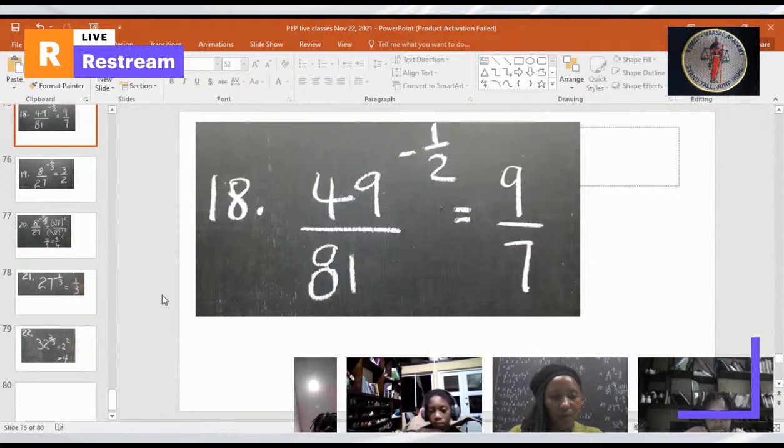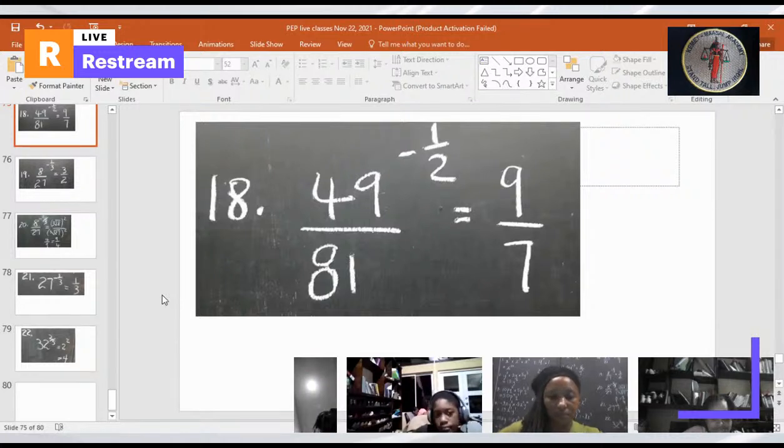So explain how we would get the 9 over 7. Since it's negative half, you'd flip it, switch the inverse. I'm missing the 81 over 49. And you'd cancel it, which would be 9 over 7. Cancel it? No, we're not canceling.